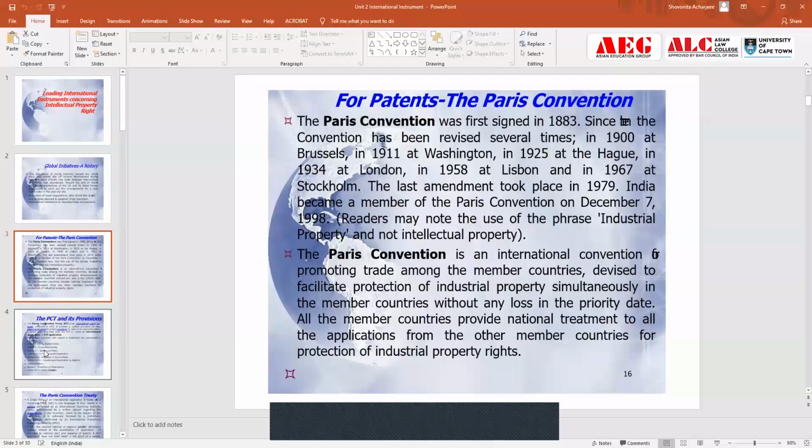You need to understand that industrial property is a distinct category from other intellectual property. The Paris Convention is one such convention for promoting trade among the member countries, and it facilitates protecting industrial property simultaneously in the member countries without any loss.